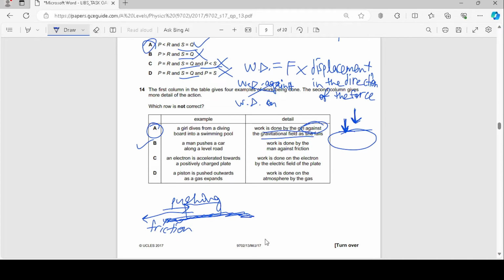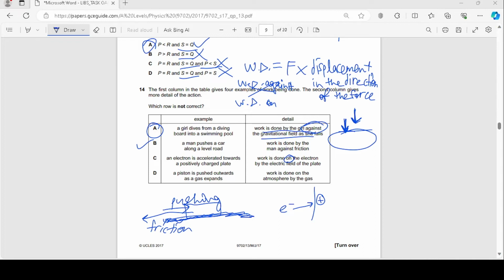As for C, an electron is accelerated towards a positively charged plate. Yeah, work is done on the electron by the electric field of the plate, right? Let me think. Yeah, actually, this is the same thing.